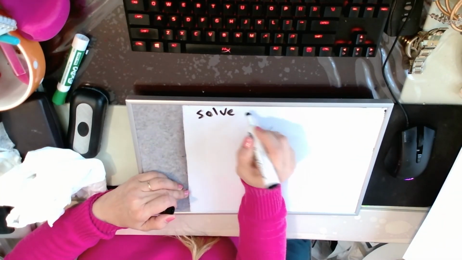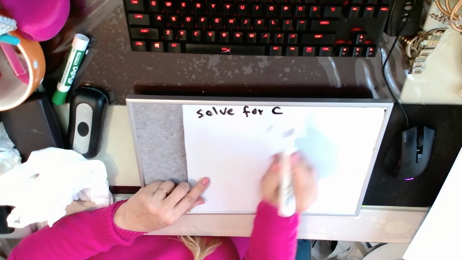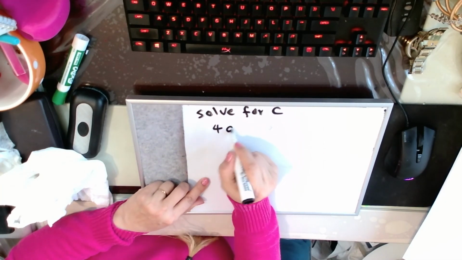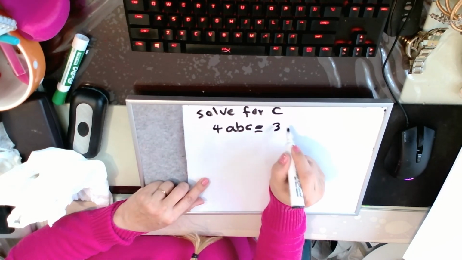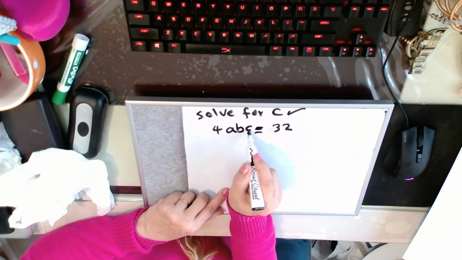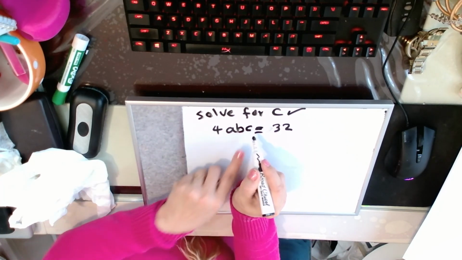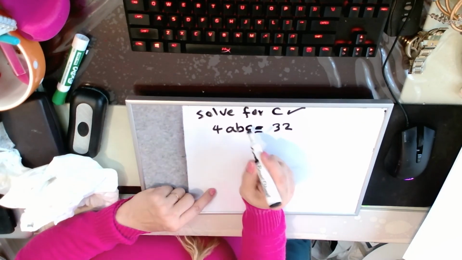Solve for C. 4ABC equals 32. They said for C, so you have to look here. You want C by itself on one side.